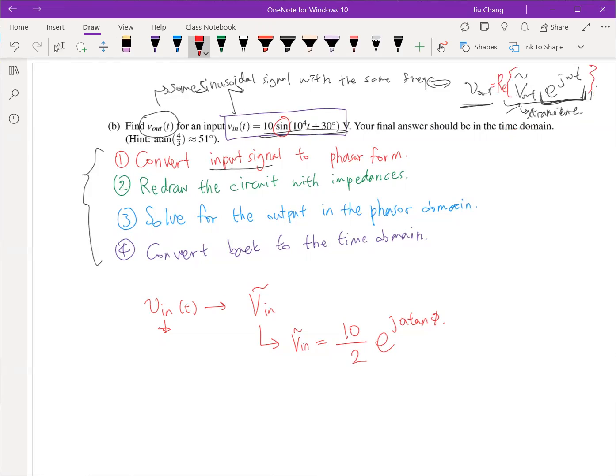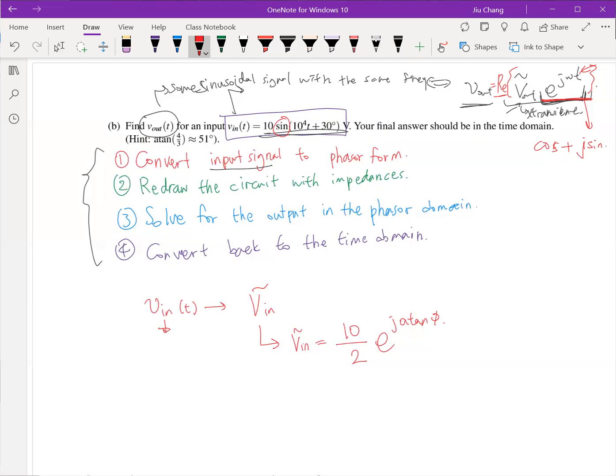So we're actually solving for the real part of this exponential. And that makes sense because this exponential is actually a sum of a cosine and j times sine.